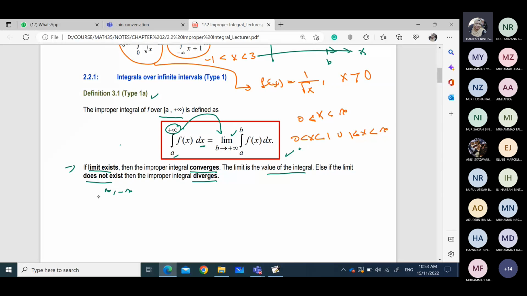If the limit is approaching infinity or negative infinity, we state that the limit does not exist, then the improper integral diverges. Okay, understand? So the important point here is this definition. It means for an improper integral, you need to find the limit. Alright. Any question for this definition?